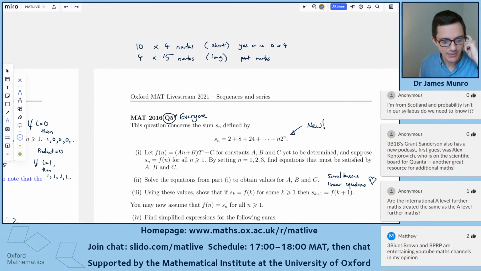Probability is not on our syllabus. Do we need to know it? Not for the maths. Well, I suppose a tiny bit of probability. If you flip a fair coin, there's a half probability of either heads or tails coming up. That's all the probability I know, which is all the probability you might need for a maths question. Kind of equal flips or weighted coins. The idea that if a coin is biased so that it's got probability P of coming up heads, then what happens when you flip 2 of them, or when you've got 3 of them and you're thinking, can I get 2 heads and 1 tail?